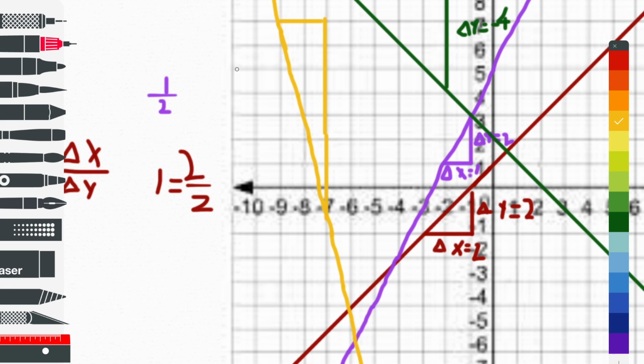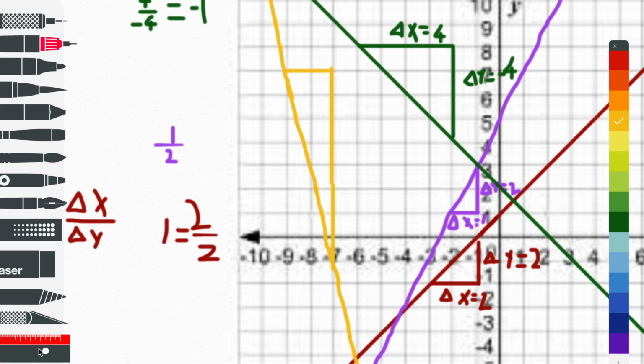So change in x is equal to 2 when change in y is equal to negative 8.